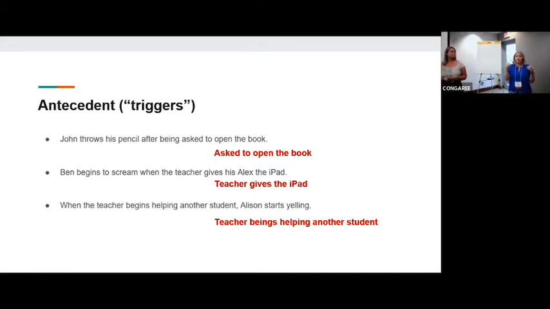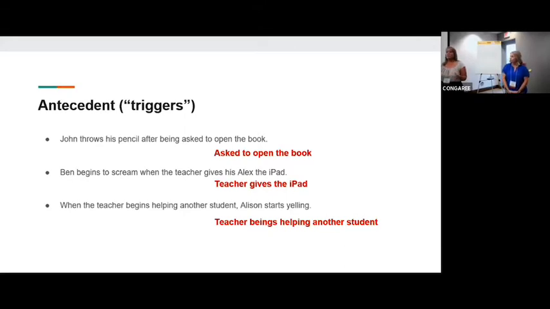Try to stick to things that you can observe and see. Even though from these we might start to think, I think I know why John threw that pencil, this is where we really want to get into that objective labeling of the environment. And after we go through that ABC, then we will identify the function.